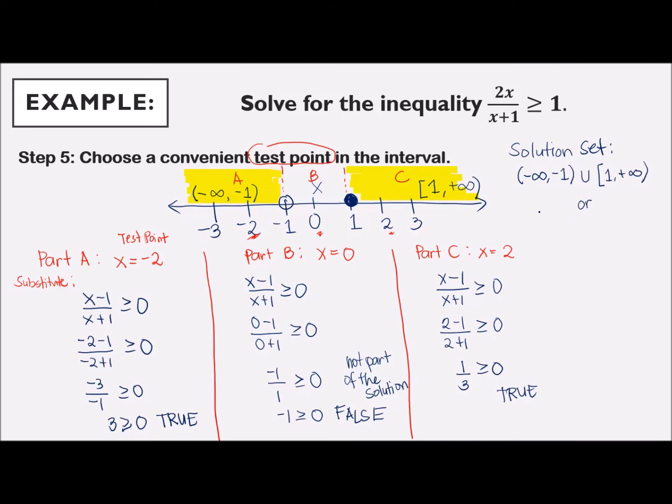Right? Since grade 7. Because this, we can still change. It has another form. X such that x, when we say to the left of negative 1, is that greater than or less than? Lower, right? So it should be less than negative 1. Or, we have another boundary, 1, to the right, is it greater than or less than? Okay, since those to the right of 1 are greater, that is greater than 1. But since 1 is included in the solution, there should be an equal to below. Okay? So these are the two ways of writing the final answer.